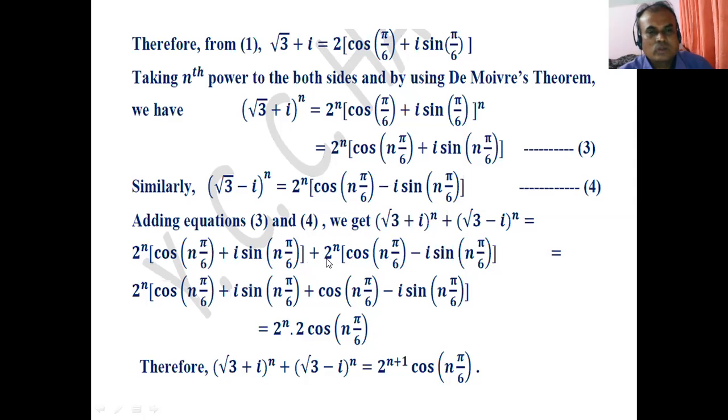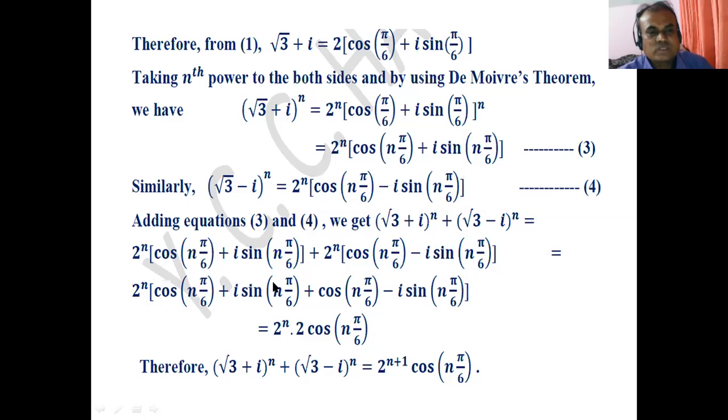Now 2 raised to n is common, so we have 2 raised to n in bracket, cos n pi by 6 plus i sine n pi by 6 plus cos n pi by 6 minus i sine n pi by 6.